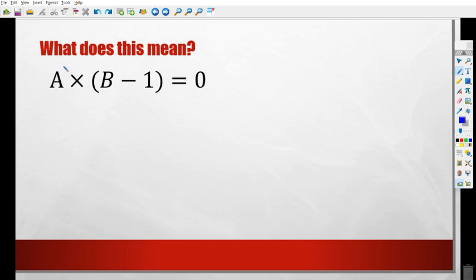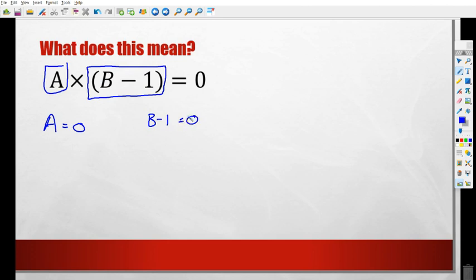Either a has to equal 0, or the other thing that's being multiplied must be 0. So this whole thing must be 0. I know what the value of a is.